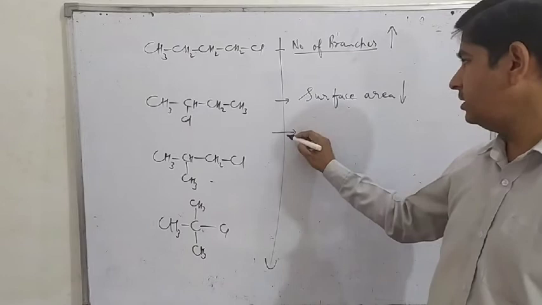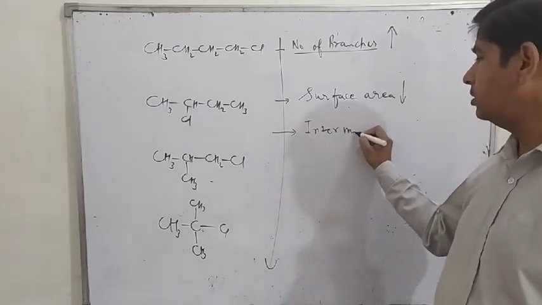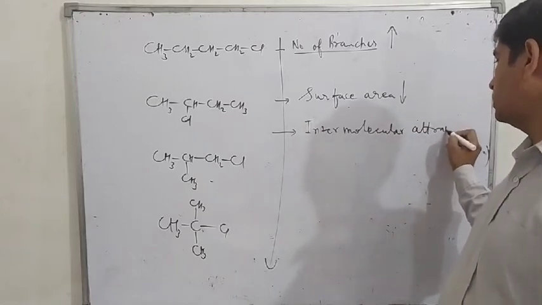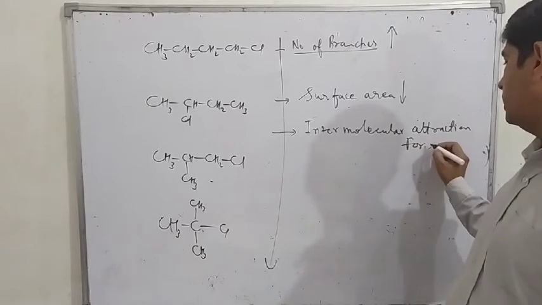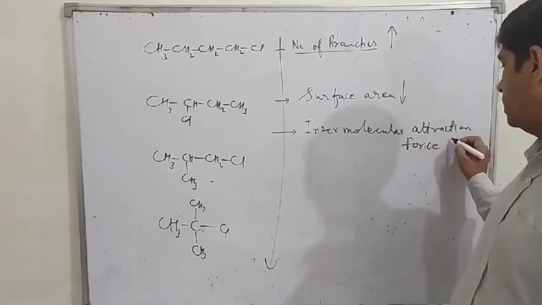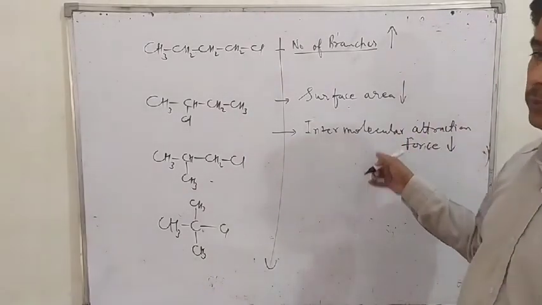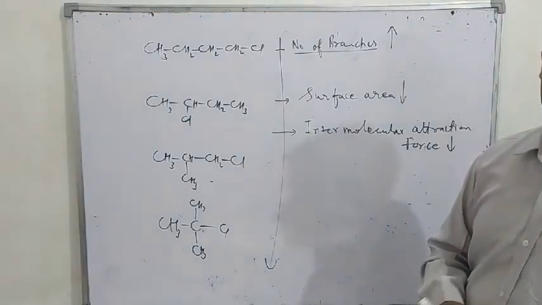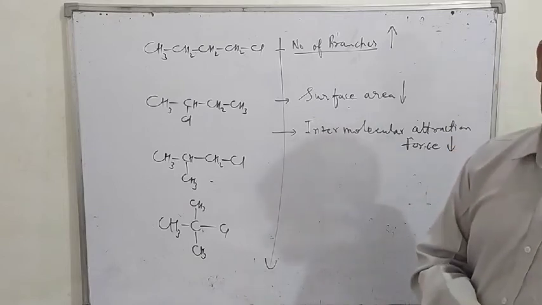And as the surface area decreases, molecular attraction force will also decrease, because intermolecular attraction force is directly proportional to surface area. Compounds with large surface area have greater intermolecular attraction force.